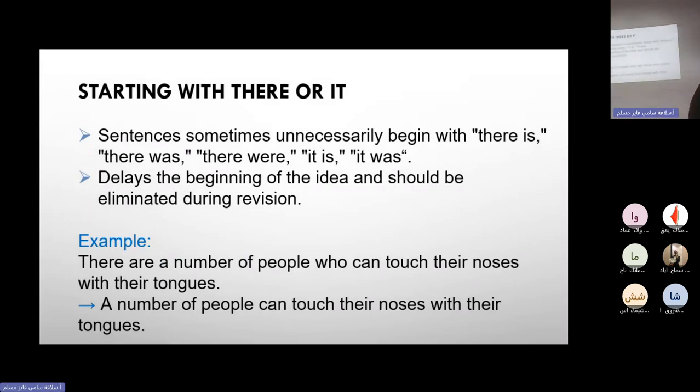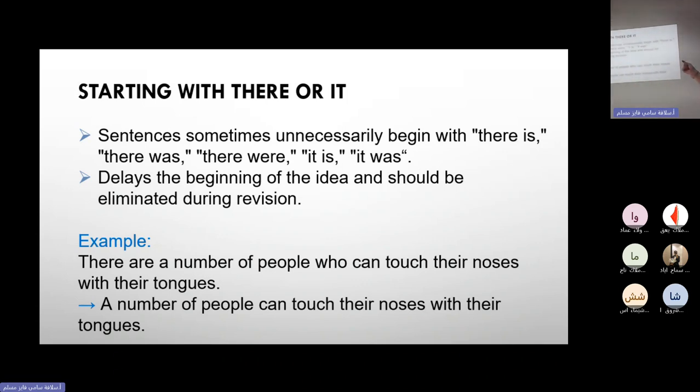The last two slides start with there and it. Remember what I said a little while ago. There and it are confusing. Who do they refer to? What do they point back to? Okay? So sentences sometimes unnecessarily begin with there is, there was, there were, it is, it was.